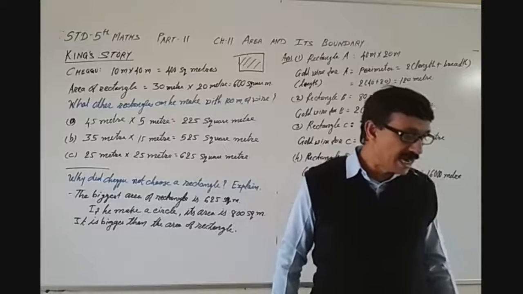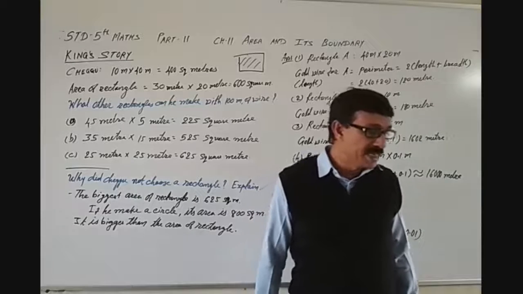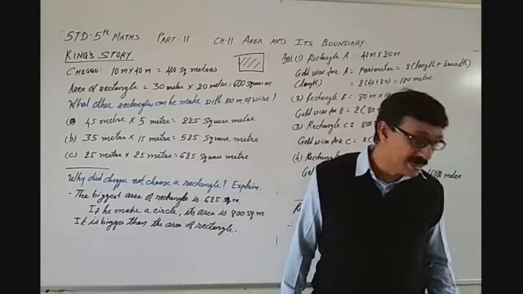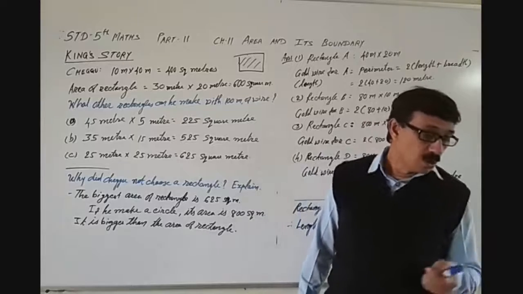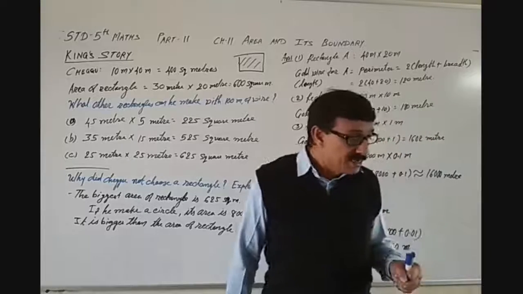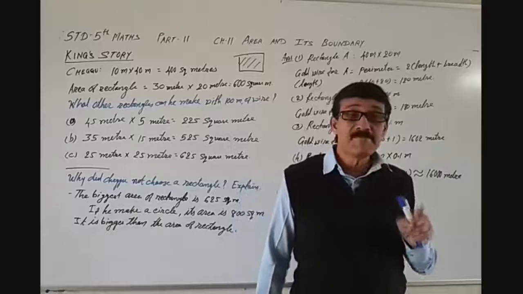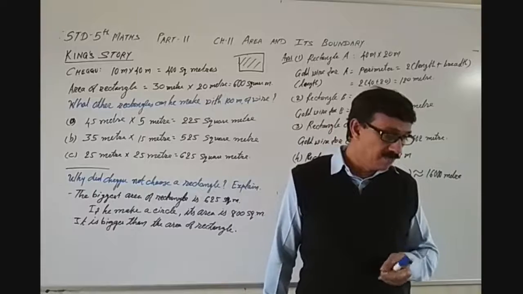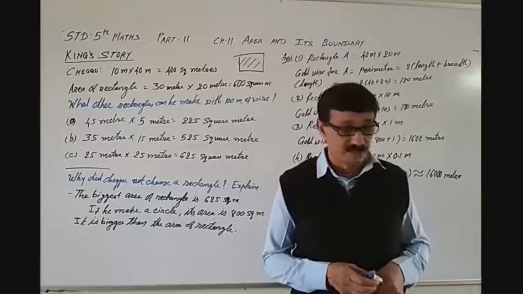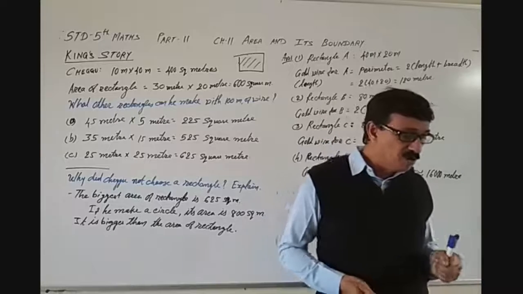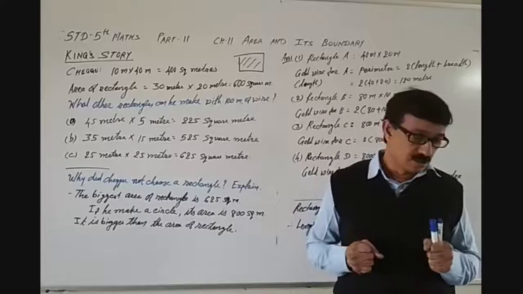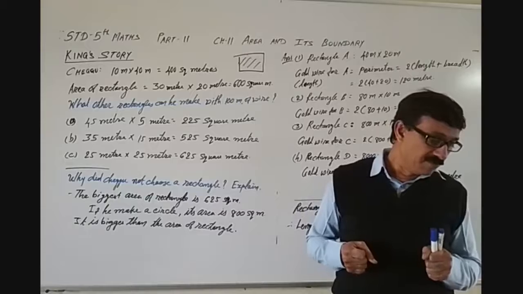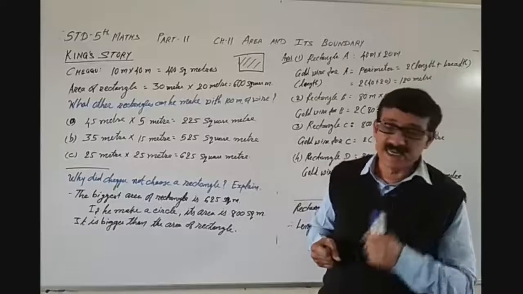So Anar also tried many different ways to make a boundary for 800 square meters of land. He made rectangles A, B, C of different sizes. Find out the length of the boundary of each. How much gold wire will he get for these rectangles?